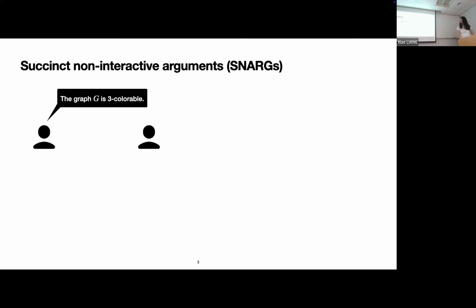And it's basically a system between two parties, a prover and a verifier. And the prover may want to prove to the verifier some statement, for example, a statement about the graph G being three-colorable. And the natural way to do it could be just sending the coloring of the graph to the verifier. But the problem is the coloring is too long.